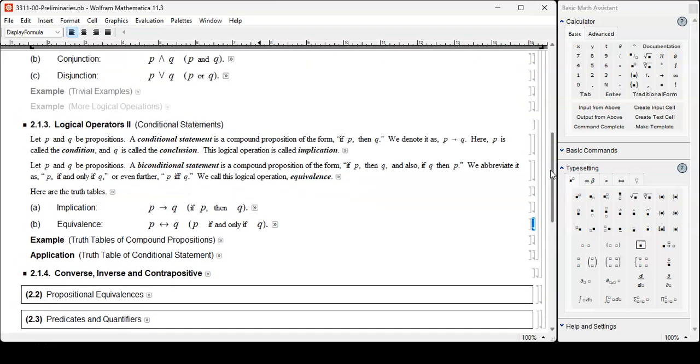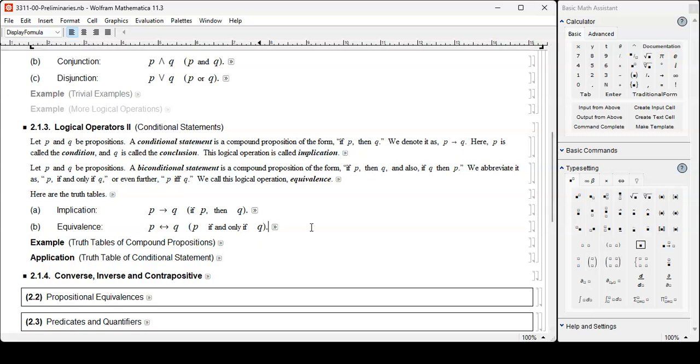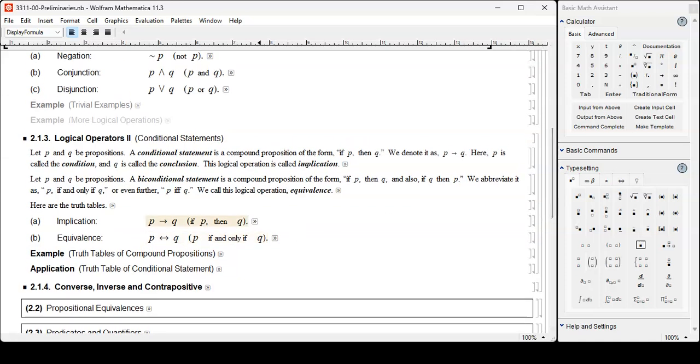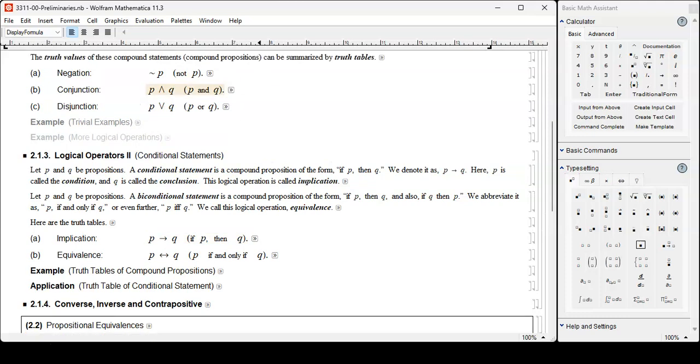By the way, did I say this equivalence is not really a standalone logical operator? It actually comes from a compounding of implication, one direction and the other direction, with conjunction. Not only equivalence, implication is also a compound statement, as a matter of fact. It is not a standalone operator. Here's an example.